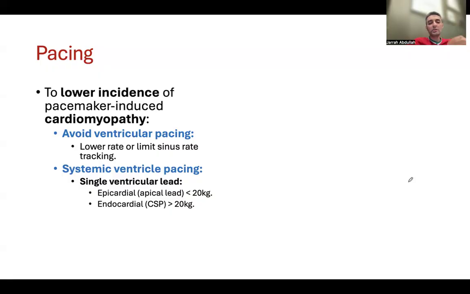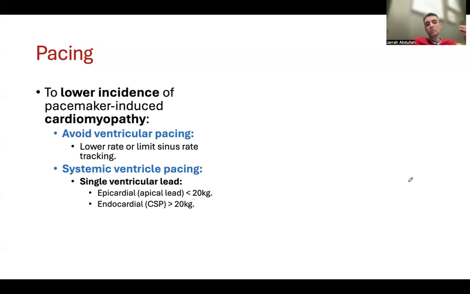And endocardially, of course, you want to try to engage the endocardial conduction system, which is called in broad terms conduction system pacing, and I will talk about that in a minute. So typically here at our center, at least, if the patient is less than 20 kg, an epicardial approach is preferred. If the patient, sorry, is above 20 kg, an endocardial approach is possible.